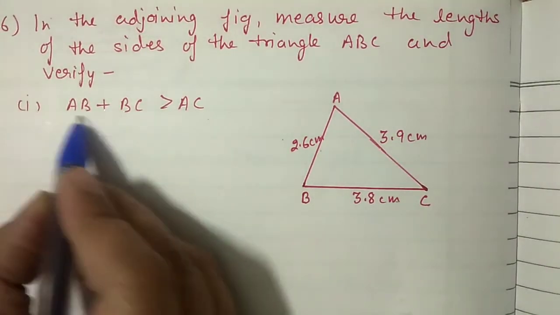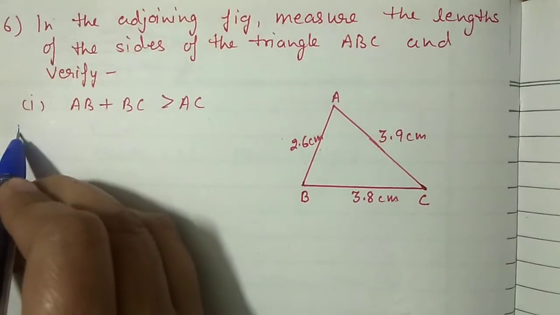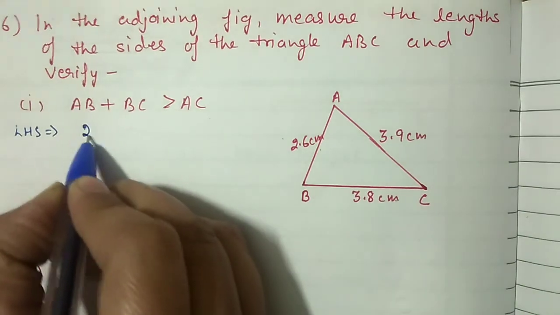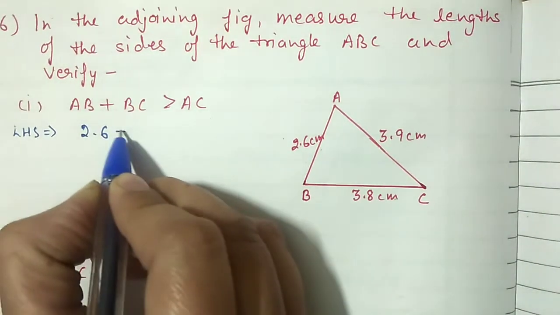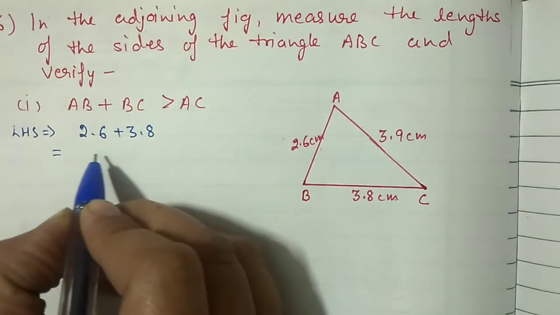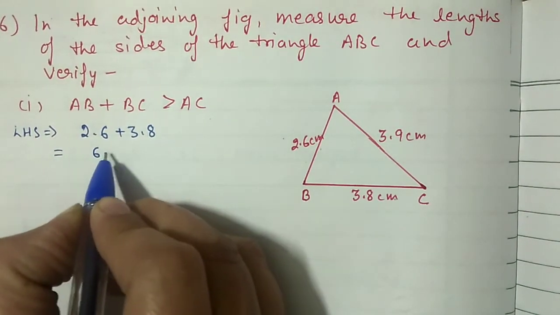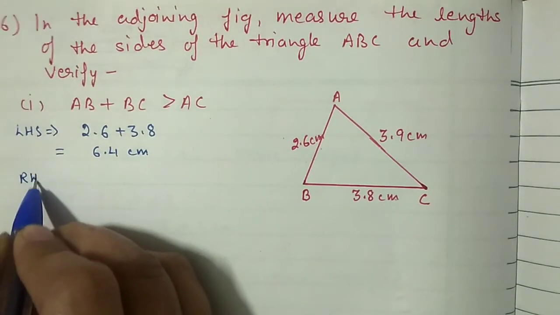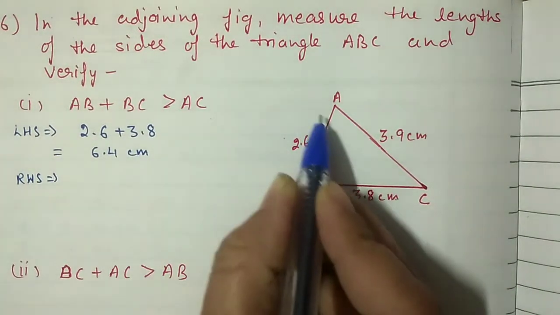So first we will substitute here left side. AB is 2.6 and BC is 3.8. So 2.6 and 3.8 is equal to 6.4 centimeter.